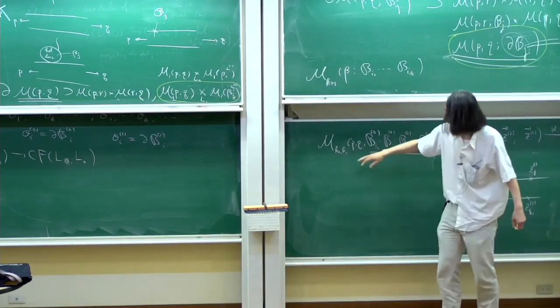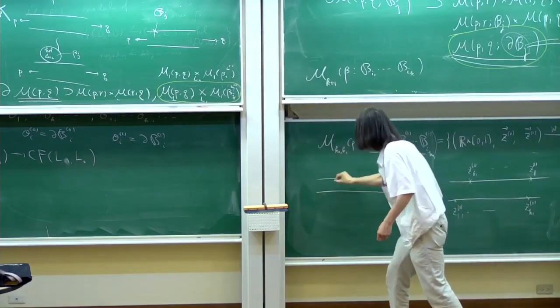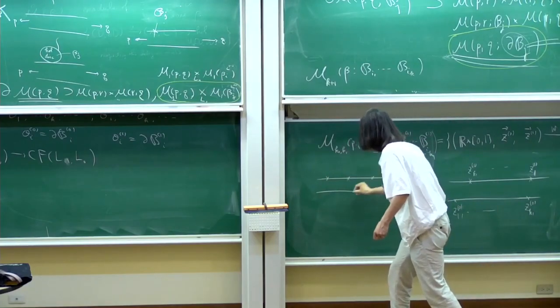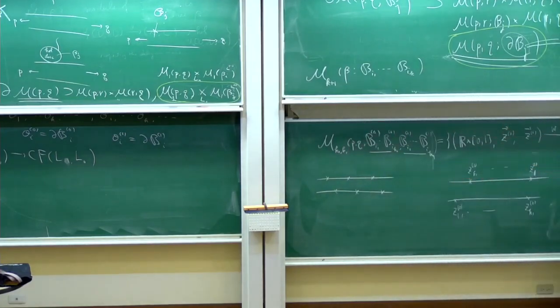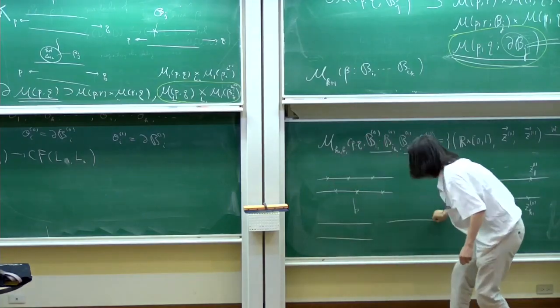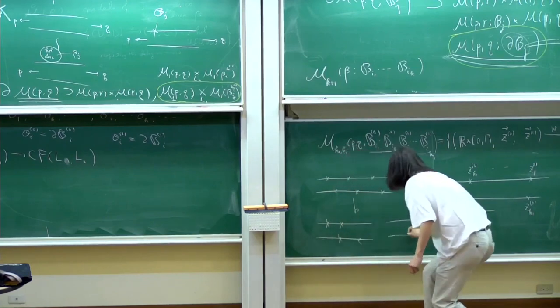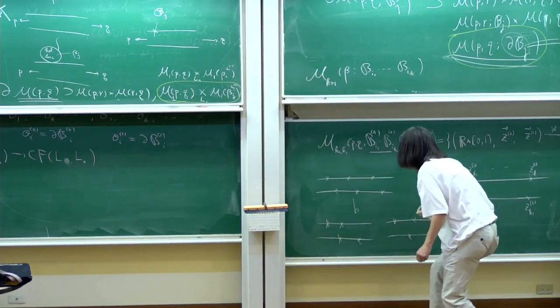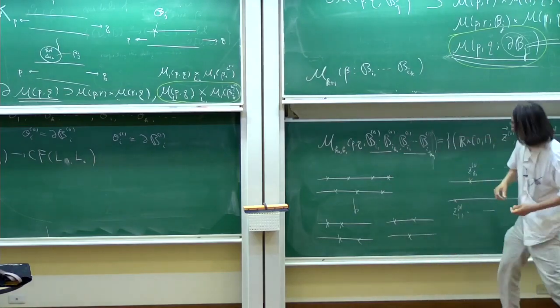So maybe I have this. These marked points are mapped to some curly B's, and then it may split into two things like this.